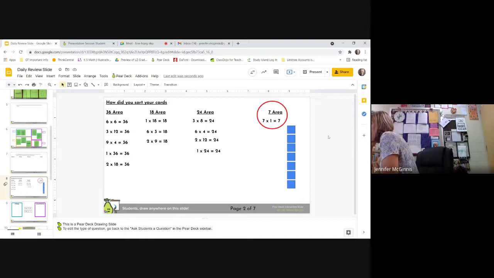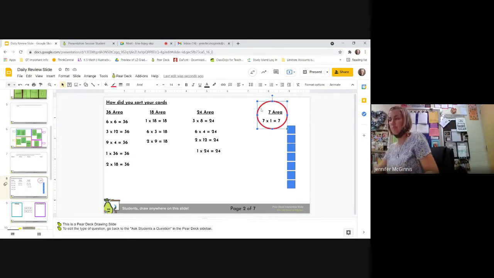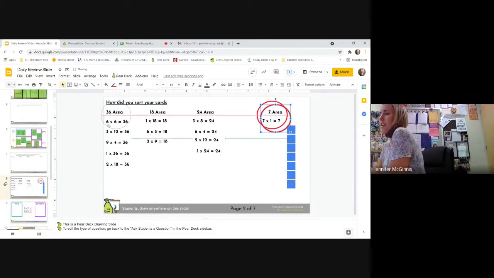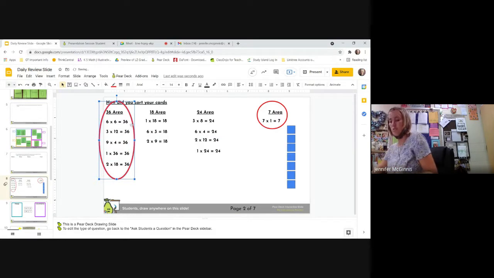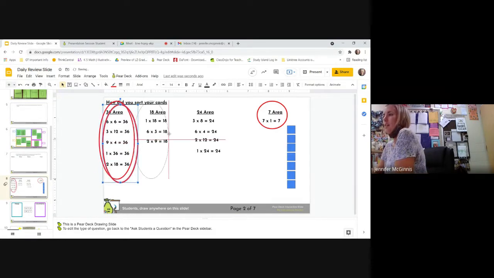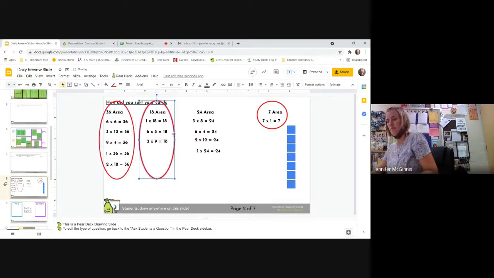Are we listening? It can only have one complete rectangle. Look at all these areas over here. Look how many this one makes. That makes a bunch, right?